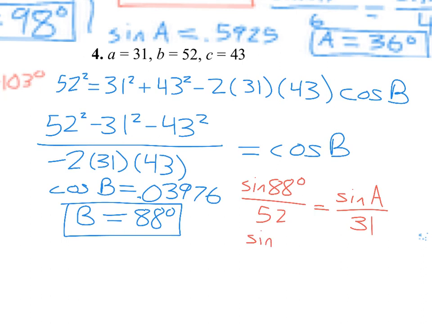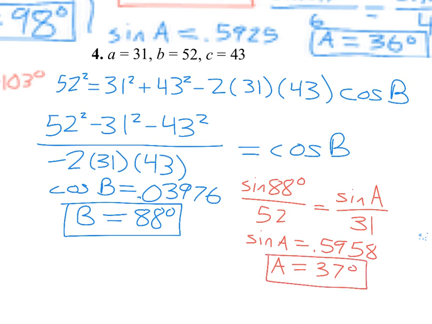You get sine A equals 0.5958 and angle A equals 37 degrees. And we just need angle C. 88 plus 37 is 125. So that means angle C has to be 55 degrees.